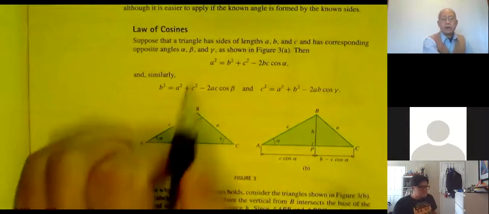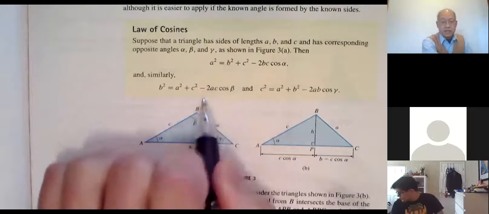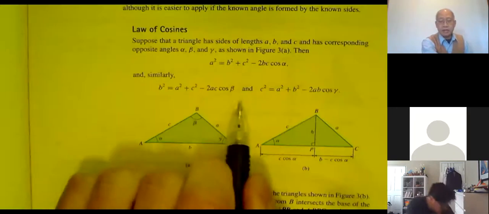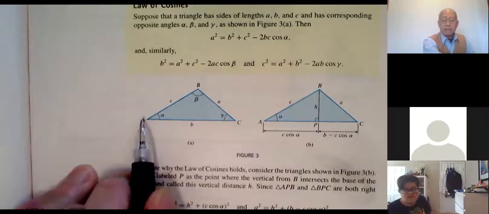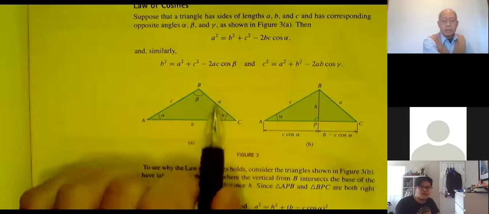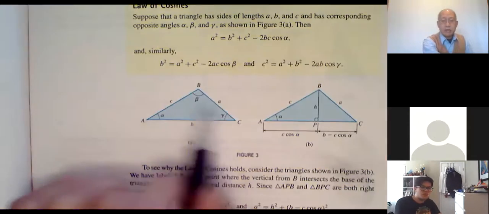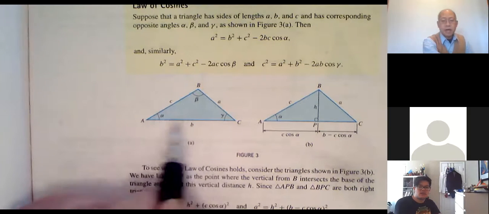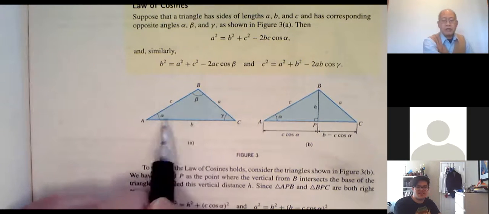So law of cosines, here they are. They're all the same, so I can just present one. If you get the idea of one, you got the others. And the naming convention: big A is opposite little a, big B is opposite little b, big C is opposite little c, and alpha, beta, gamma are the angles.